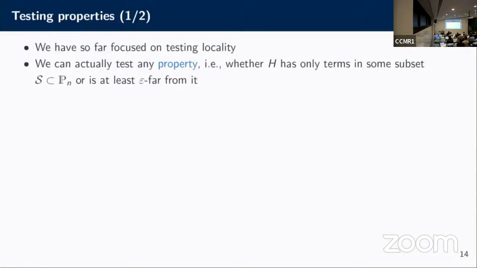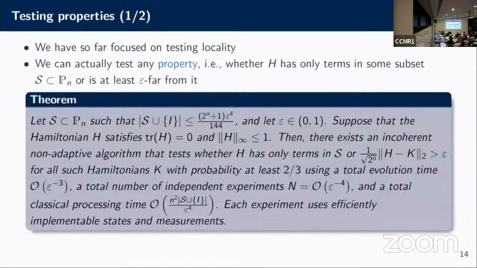And what I didn't tell you, I only told you about locality, but actually we can do a lot more. We can also test any other property, meaning some subset of Pauli strings that we fix. So we can test whether you are in the set, for example, the low weight ones, this would be locality, or epsilon far from it. It doesn't really matter which strings you take, and the result is the same, just believe me.